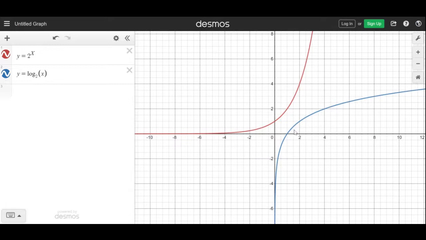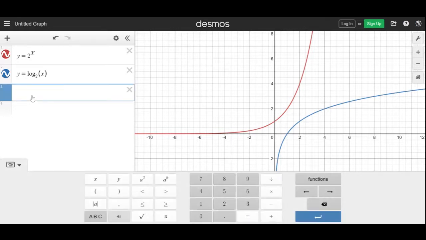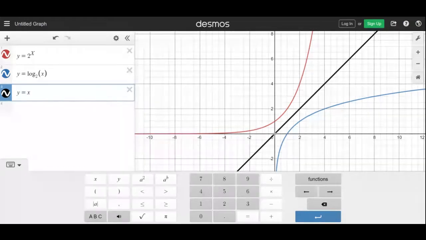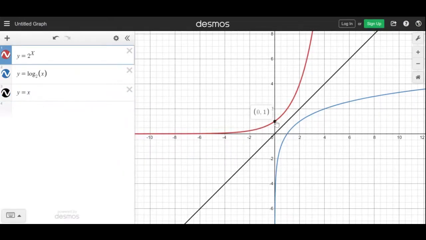So now analyzing these two curves, we say that the second one here is the inverse of the first one, which is the exponential. So for an exponential function, the inverse would be a log function. So the reflection line is y is equal to x, and that's the black slanted line here. And as you can see here, the definition that we had before for inverse, looking at an intercept here, which is the y-intercept, and then we have the x-intercept here.